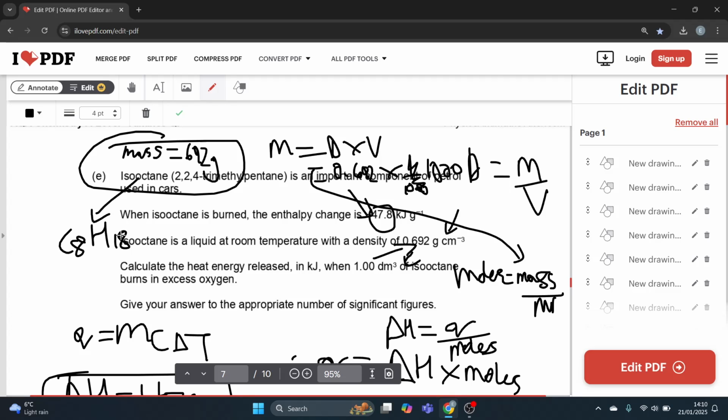So it's going to be 692 divided by 12 times 8 plus 18. That'll give me the moles. I know delta H is Q divided by moles. Q is going to be my moles times delta H, which is 47.8. And I get, yeah, I get something else. So let's see what could go wrong.